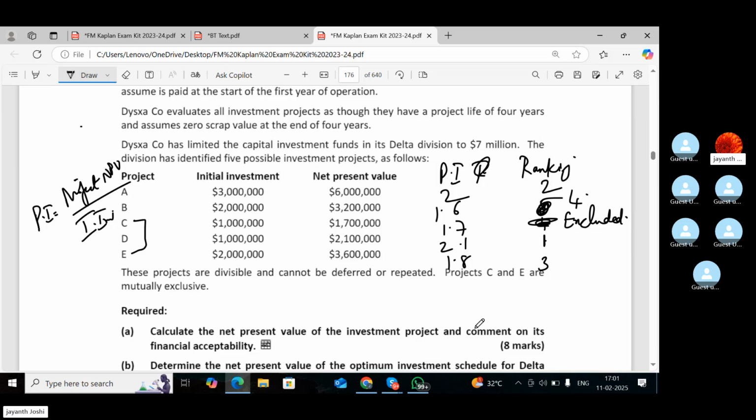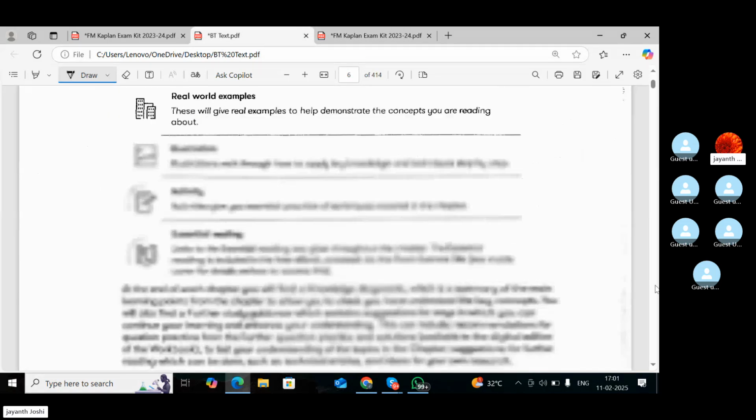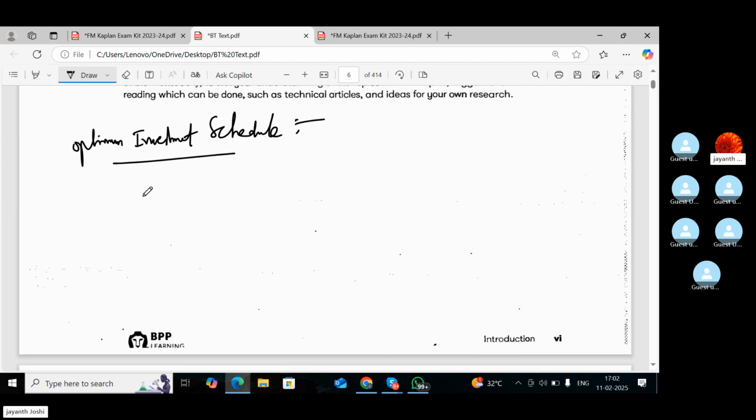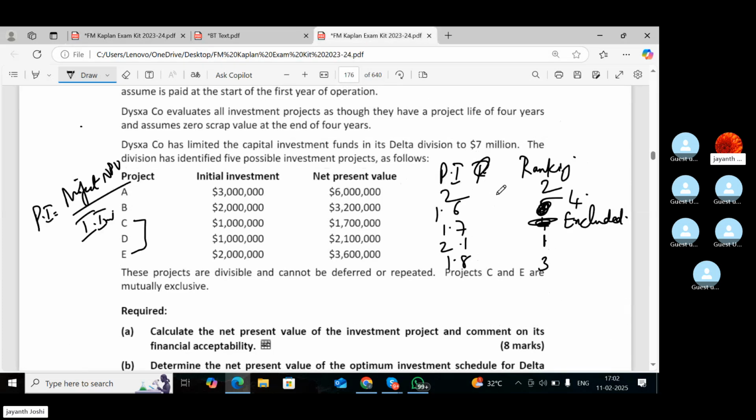Now we'll go ahead. We'll prepare the optimum investment schedule. So optimum investment schedule, we will take the projects based upon the ranks. So here the ranking has been given.